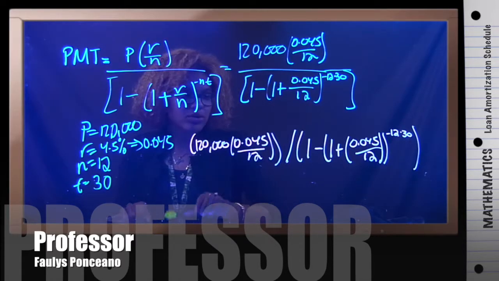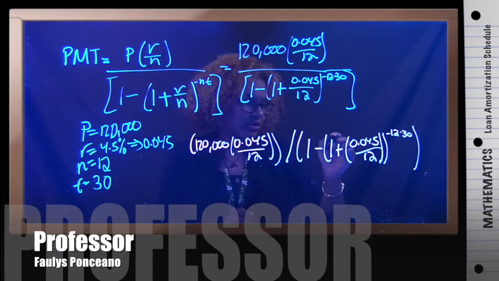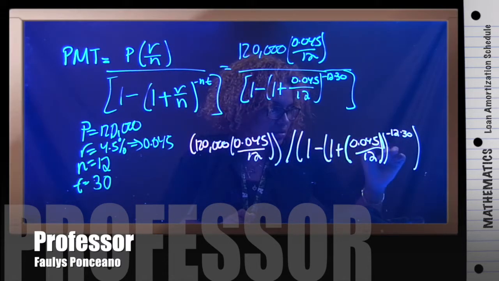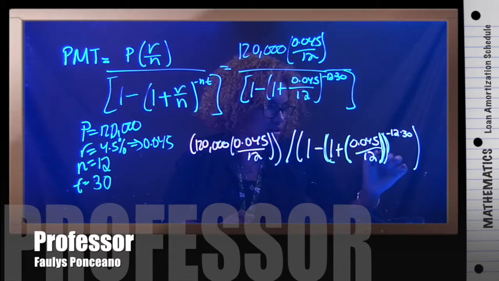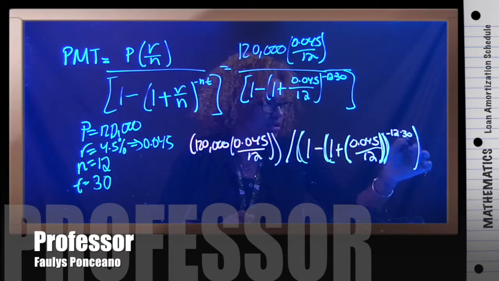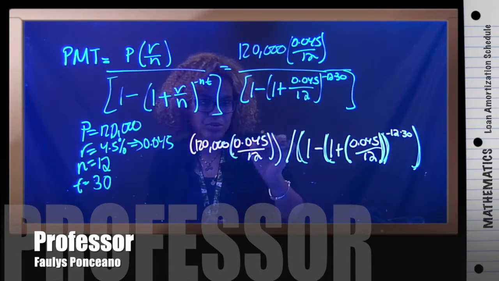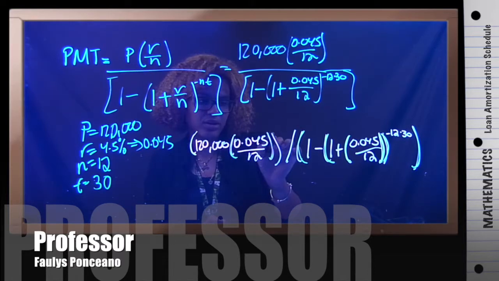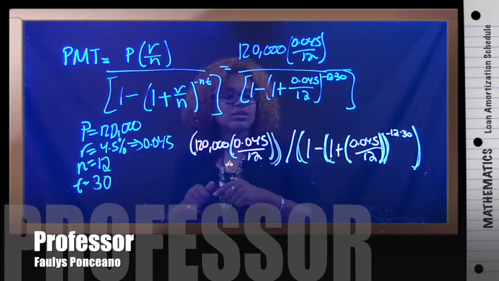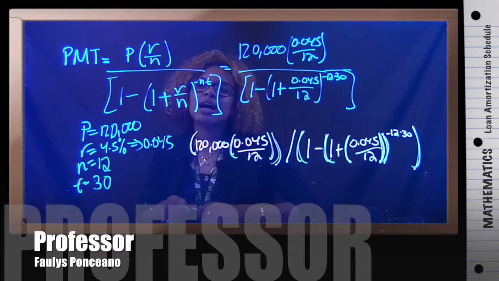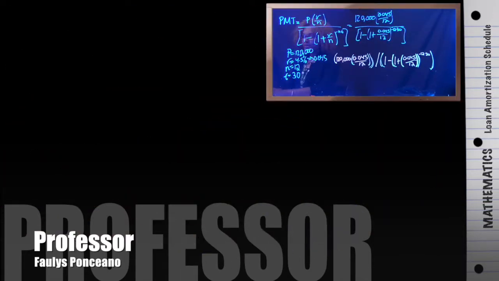Let's make sure that we have the right number of parentheses. I've opened and closed, open and close, opened, close, open, close, open, and close. Now, let's take this and type it in the calculator. So let's start with the parentheses.